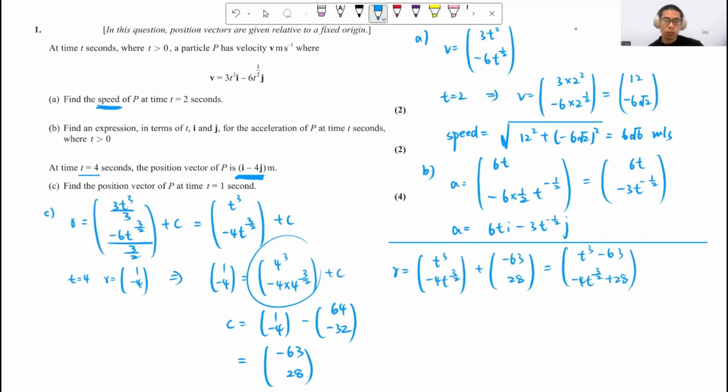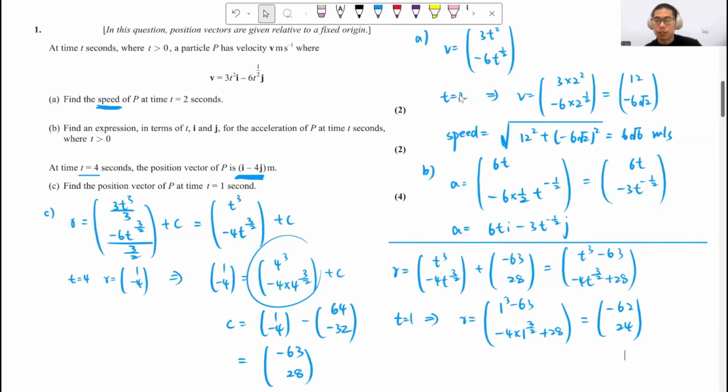So to work out the position vector of P at time t equal to 1 second, you literally just let t equal to 1 and substitute in. So the position is just 1 cubed minus 63, negative 4 times 1 to the power 3 over 2 plus 28. We know 1 to the power of anything is 1, so 1 minus 63 is negative 62. And negative 4 times 1 to the power of anything is 1, so just negative 4 plus 28, which is 24. Then that would be the position vector of P at time t equal to 1 second.